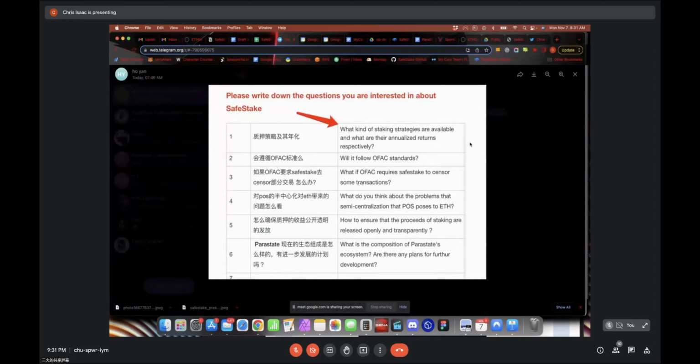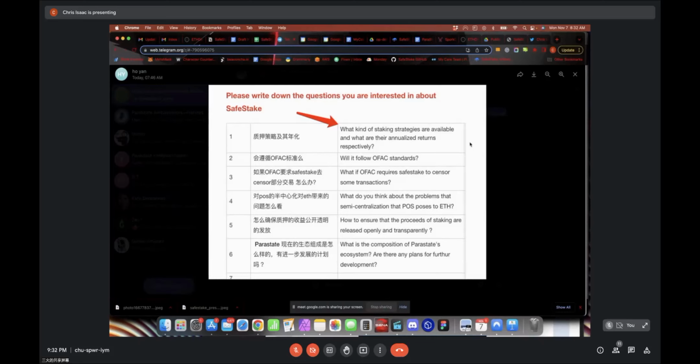There's a lot of different staking strategies available, from centralized staking solutions like Coinbase, or others along that line, where we're talking about centralized exchanges that allow people to buy and then stake their ETH.